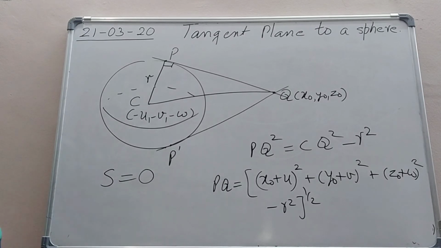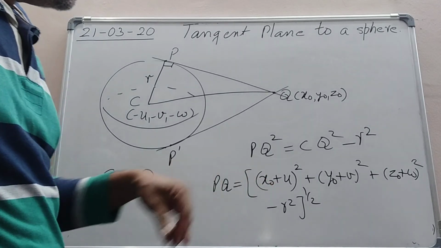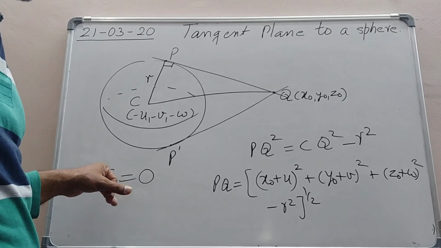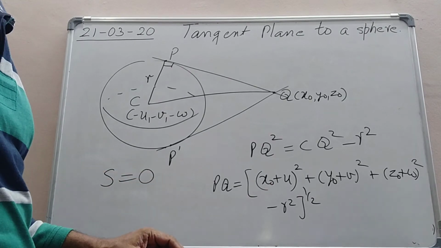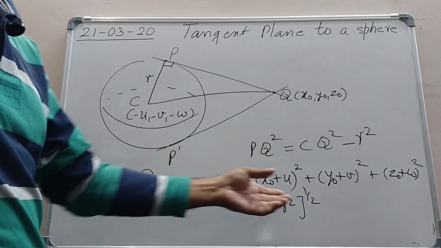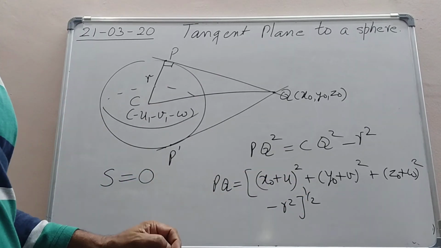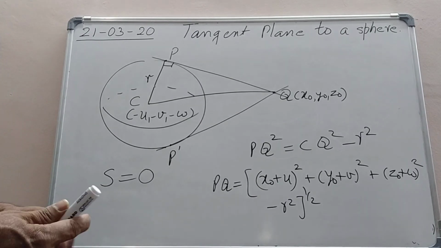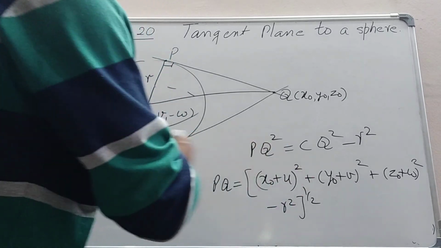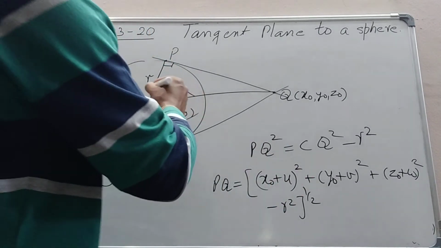Let us substitute the value of r in terms of the coefficients that appear in the equation S equal to 0 and try to see if we can simplify this. Now, what is r?